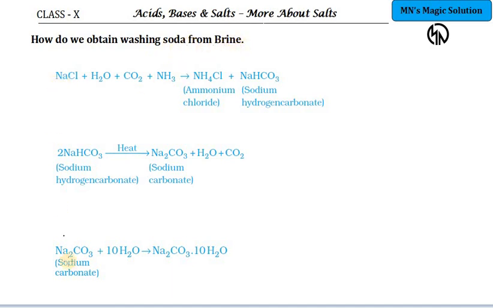In the first step, Na2CO3 is obtained from NaHCO3 when heated. Again, this NaHCO3 is obtained from NaCl. You are giving the sequence from NaCl to Na2CO3.10H2O. All these 3 equations will be mentioned when they ask you how you obtain washing soda from brine.